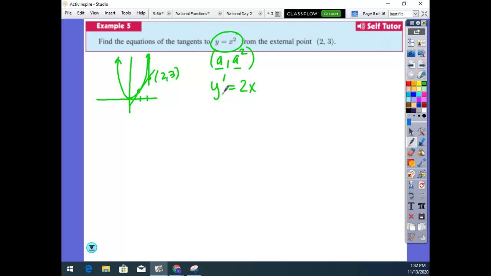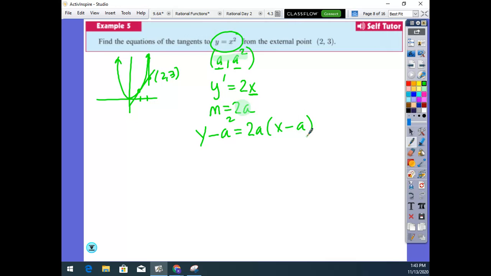So then if I want to find my slope, that's when x is a, 2a. So what I'm going to do is use my slope and my point and write an equation. Y minus a squared equals 2a times x minus a.